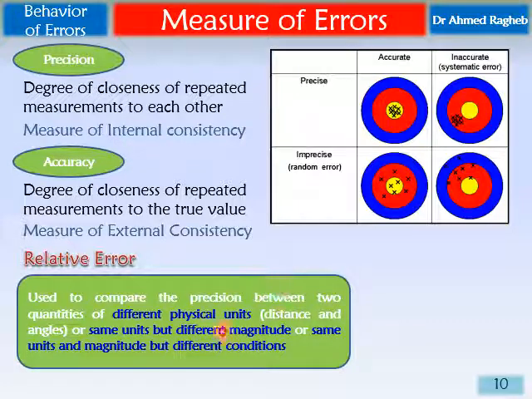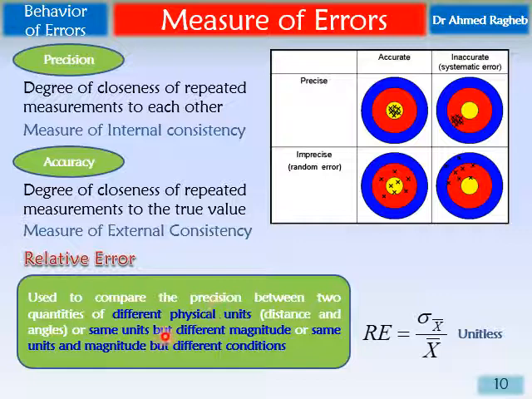For example, if one measured a distance of 100 meters and got a standard deviation of 1 centimeter, and one measured an angle of 60 degrees and got a value of 3 seconds, how are you going to compare between these two variables? Then you will divide the standard deviation by the value itself, and you'll get the relative error. You'll get something unitless, and as this number gets smaller, then you are better.